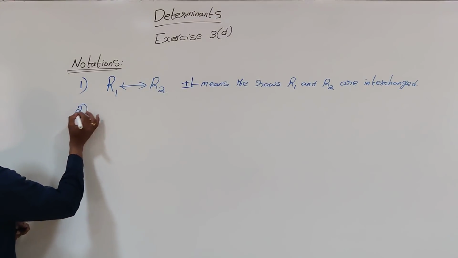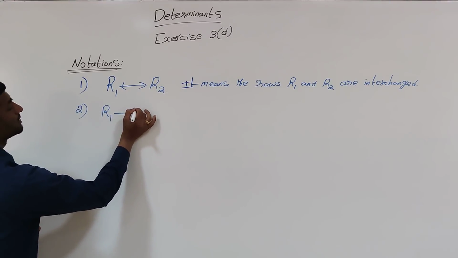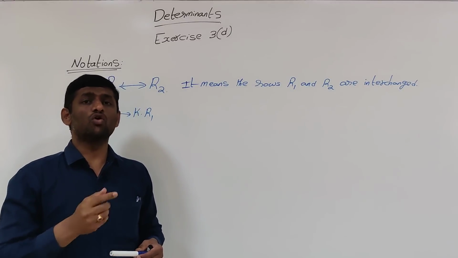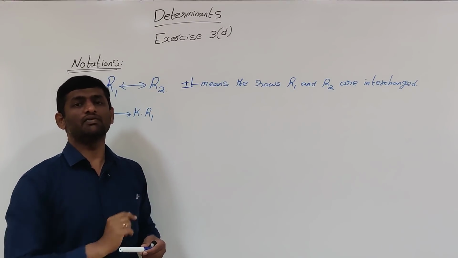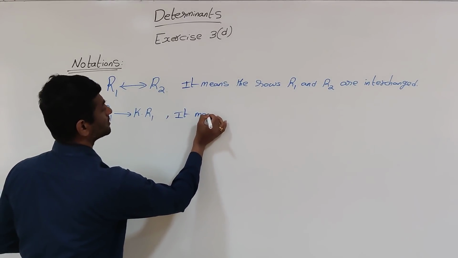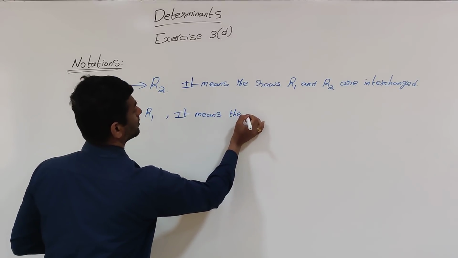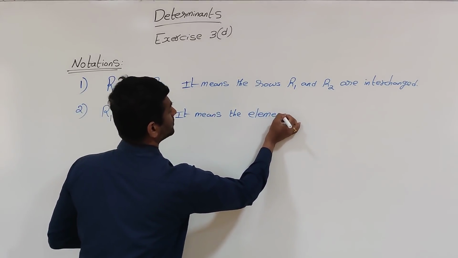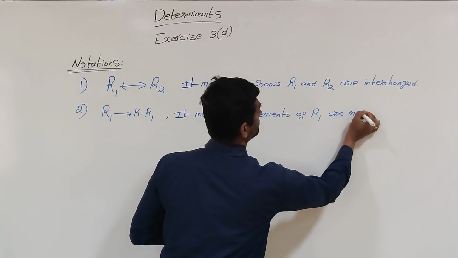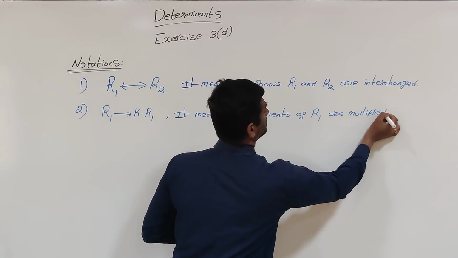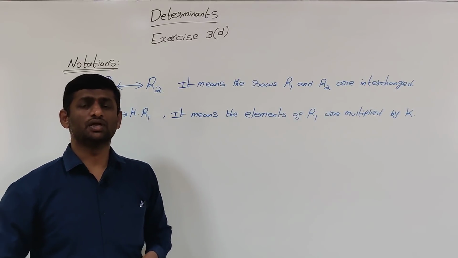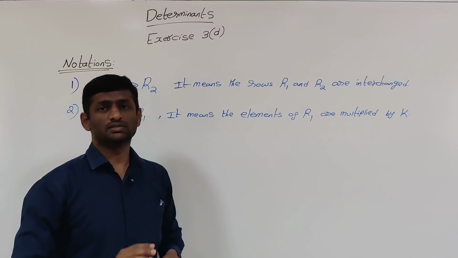Second notation: R1 implies K times R1, which means the elements of row 1 are multiplied by K. It means the elements of R1 are multiplied by a scalar K. That K may be a real or complex number.